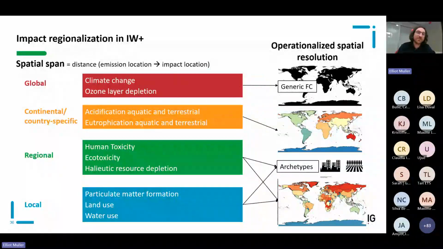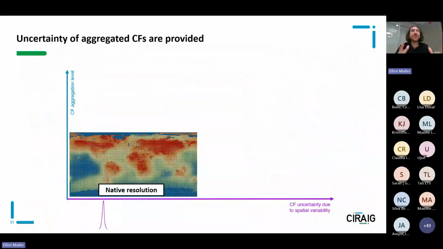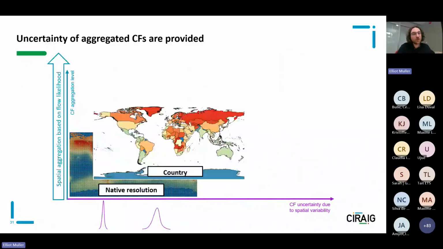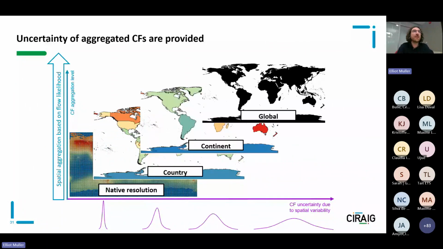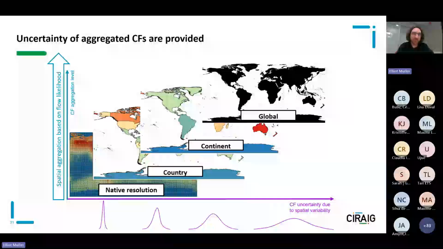While going from the native resolution, which is a grid that is quite fine, to a country level, continent level, or even global level aggregation, yes, we make it easier to operationalize and easier to use in LCA, but we also increase the uncertainty based on spatial variability.